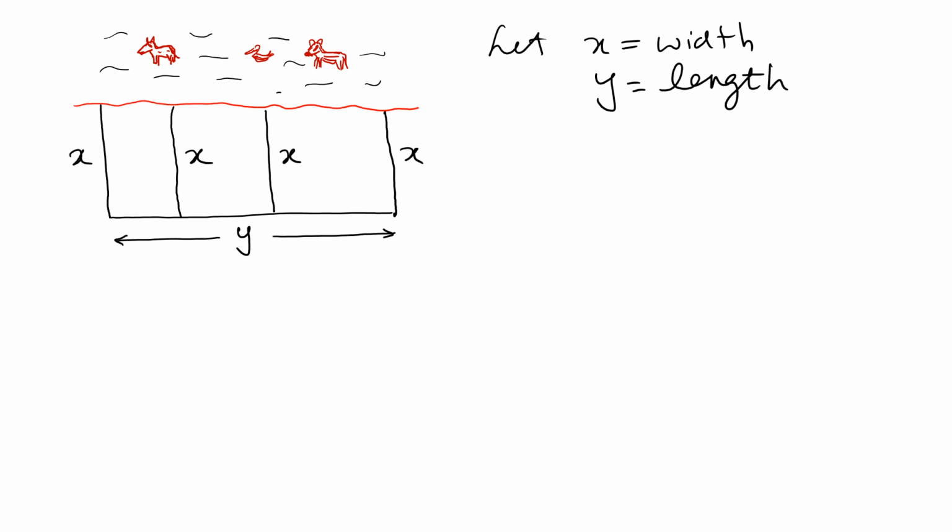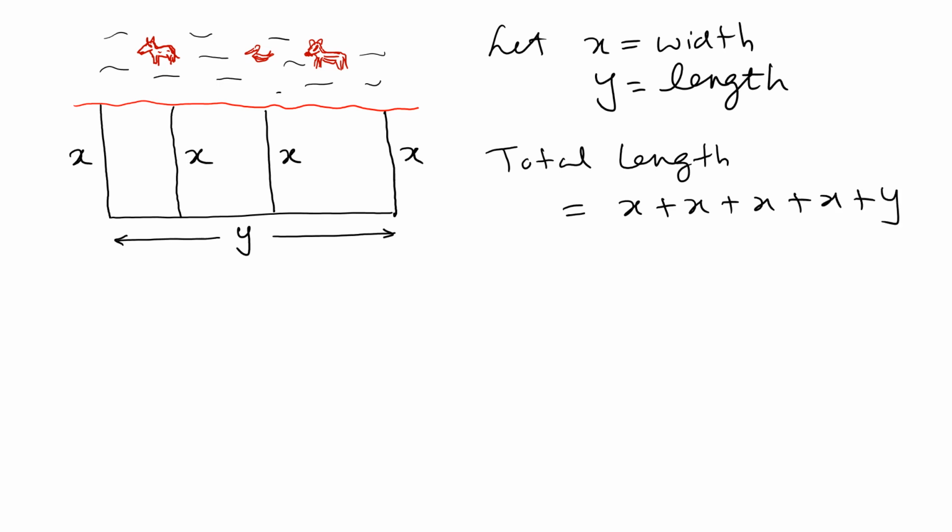Then we can put all the information in there. The first information we have is the total length of fencing. There are four widths, 1, 2, 3, 4, and 1 length. If you simplify, you can write 4x plus y.